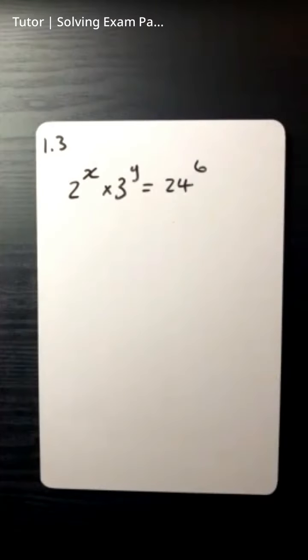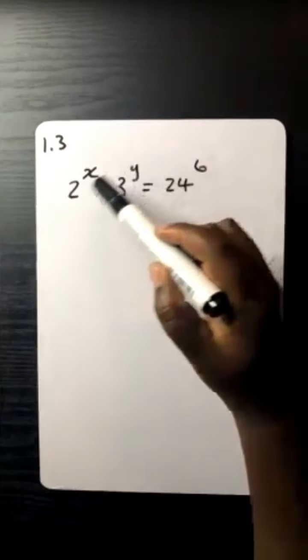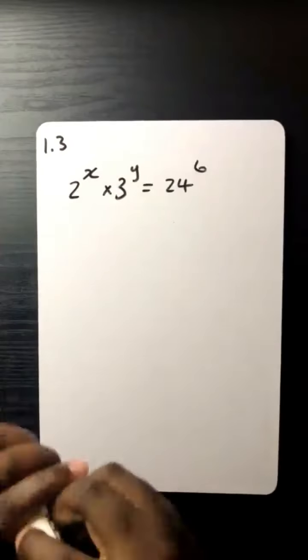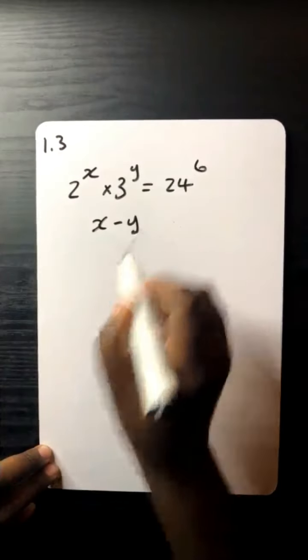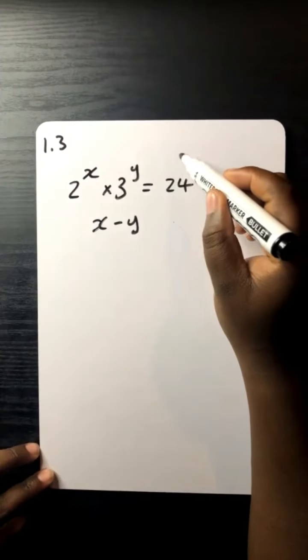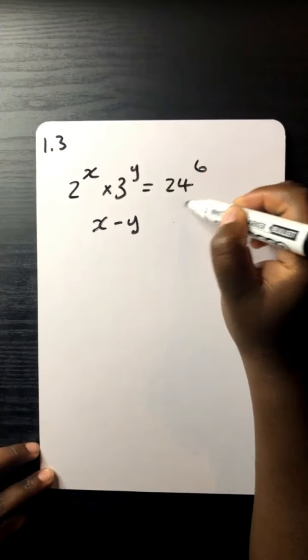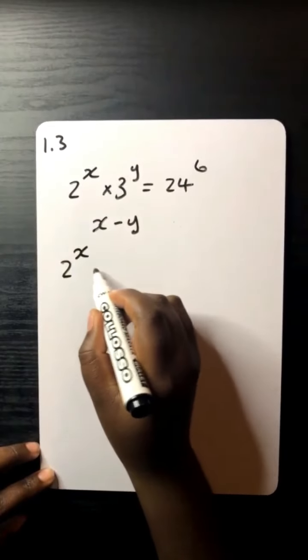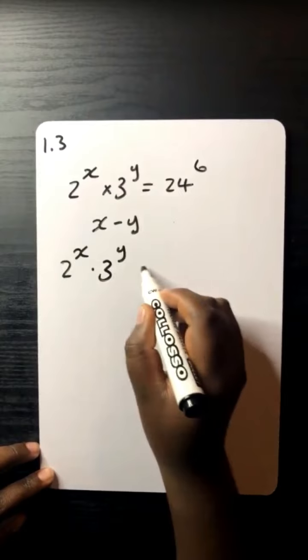Yes, sir. Okay, so remember, they are saying if it is given that this, determine the numerical value of x minus y. So I think you might need to work out this such that, remember, you've got 2 to the exponent x multiplied by 3 to the exponent x.